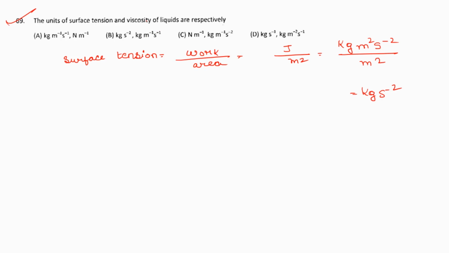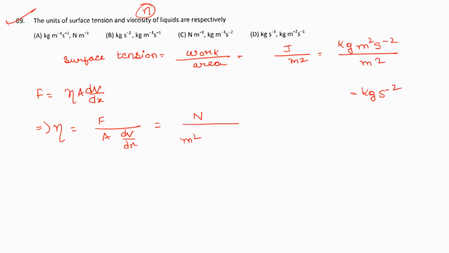Now for viscosity, which is eta. If my viscous force is F = eta A dV by dx, and if I just arrange it, I get eta = F by A dV by dx. Now I'm just putting the units. For force, I know it's Newton, area is meter square, dV is the change in velocity, velocity gradient, so m s inverse by dx, which is m.